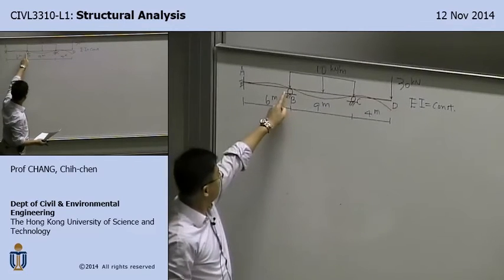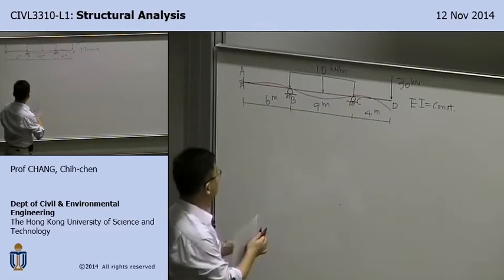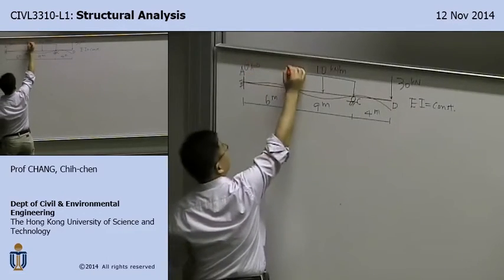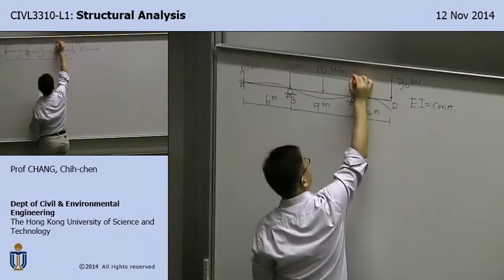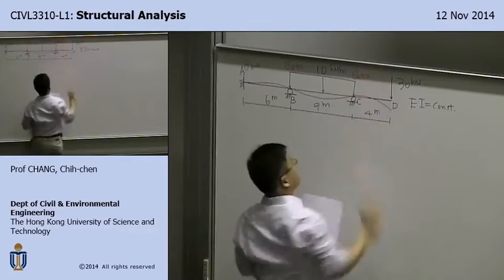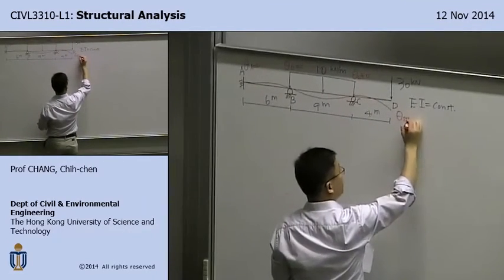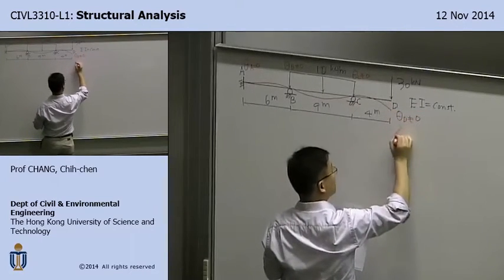So you're going to see one rotation angle. So rotation angle is equal to 0 there. Rotation angle is not equal to 0 there. Rotation angle is not equal to 0 there. And the rotation angle is not equal to 0. And then there's a deflection.